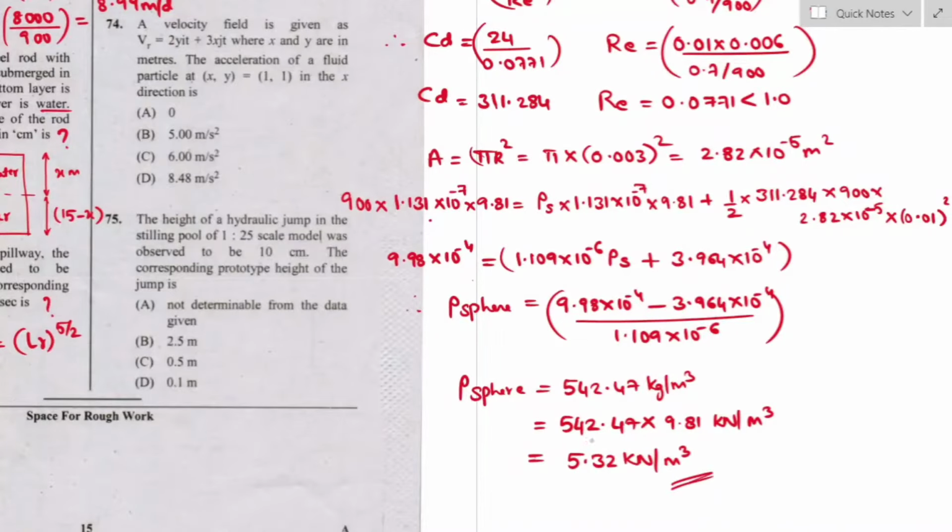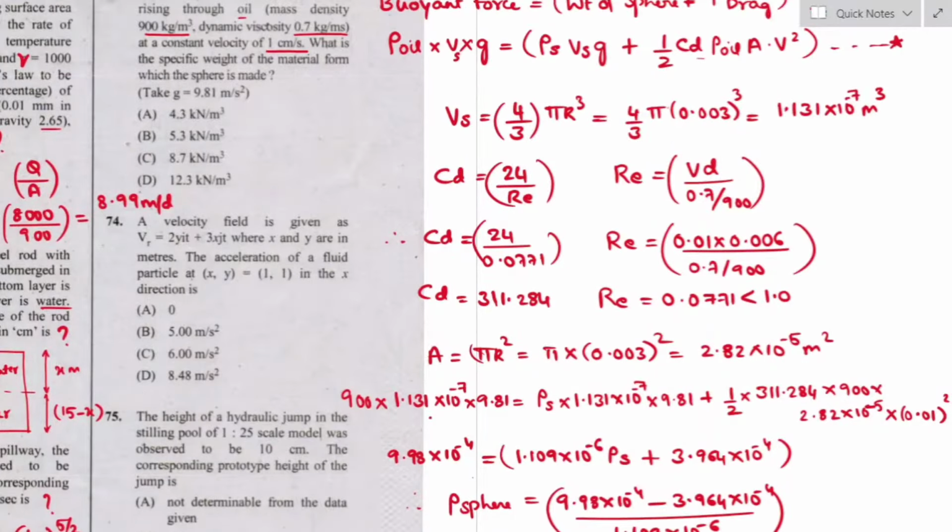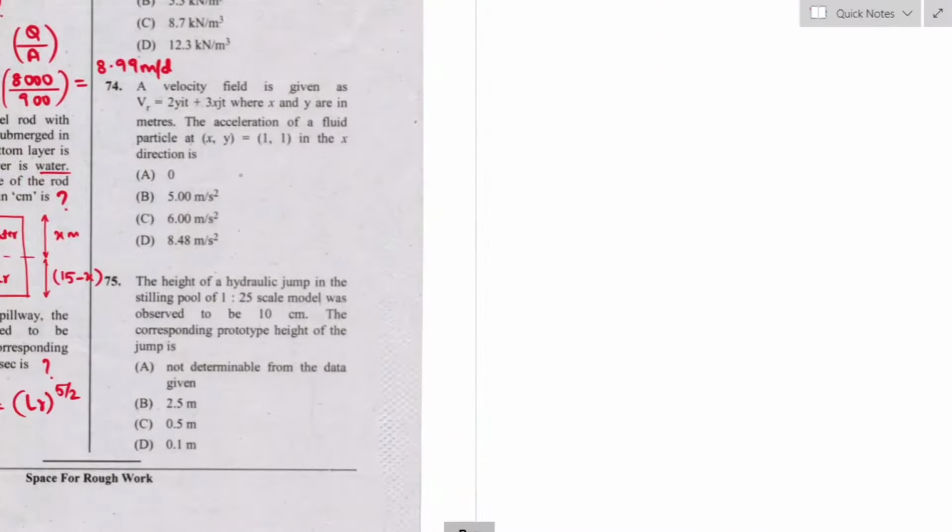So the right answer will be option B, 5.3 kilonewton per meter cube.